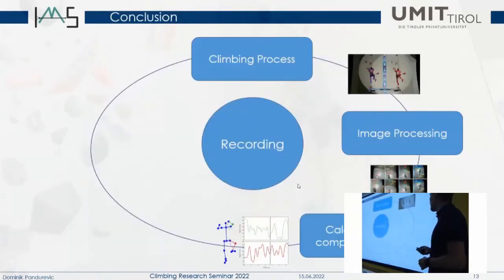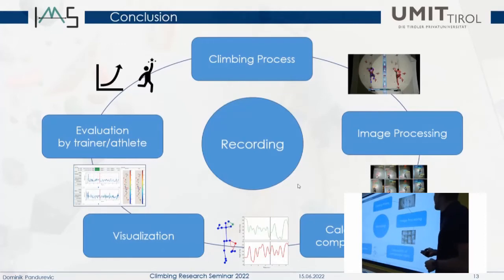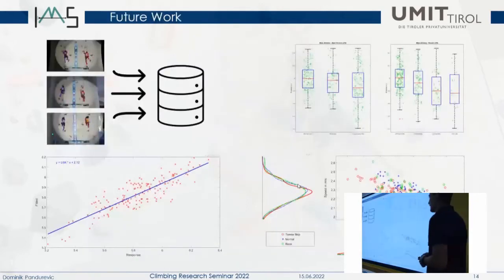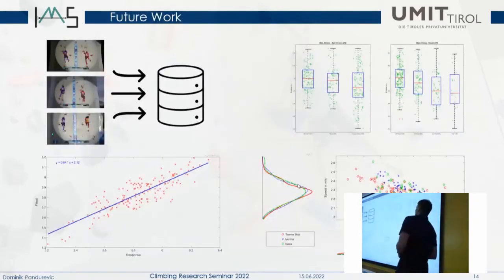Okay, a quick conclusion because my time is over. We take the recording, we have the climbing process. Through image processing algorithms, we get a comparable data set, which we visualize with our interface. Afterwards, of course, we need the experience of the trainer and the athletes to evaluate the results.